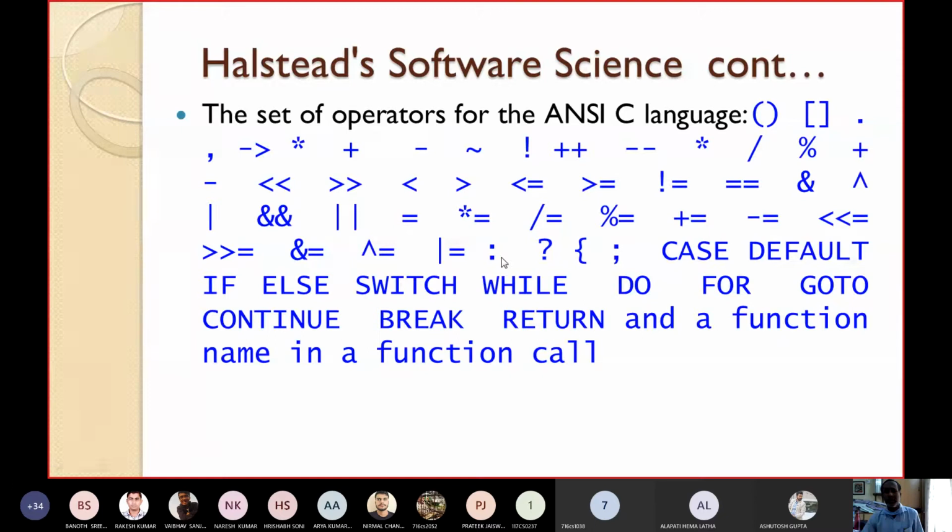This is the conditional operator, which is also an operator. Similarly, case default, one operator. If else, another operator. Switch, another operator. While do, another operator. For, another operator. Go to, another operator. So these are all examples of operators. Similarly, a function name in a function call is also an operator. So these are some popular, common operators you use in C.